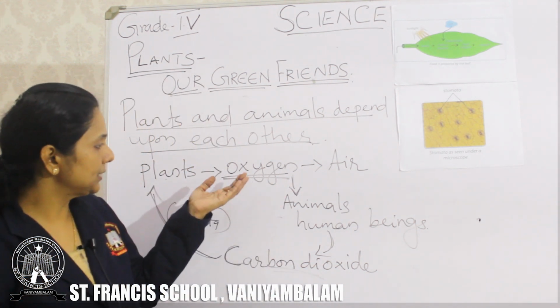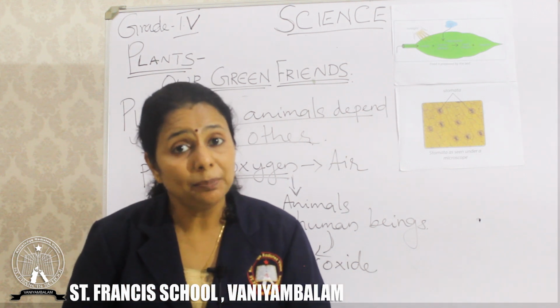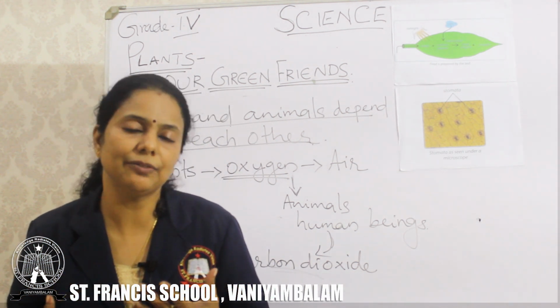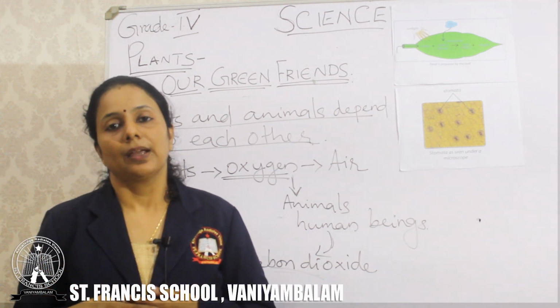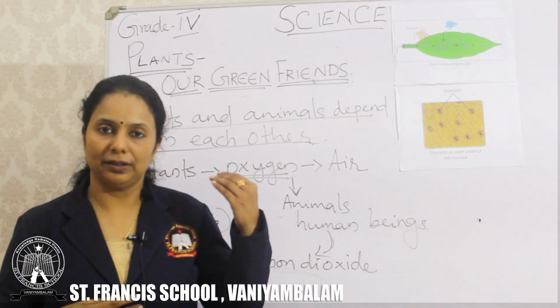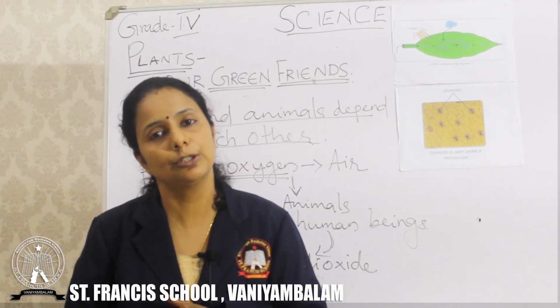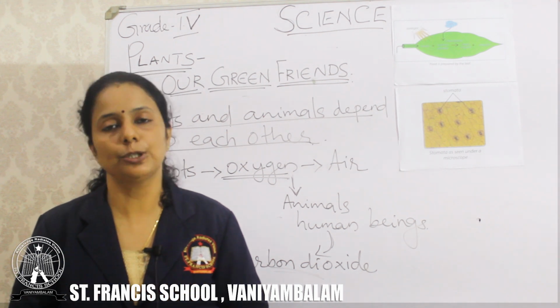Other than food and oxygen, plants give us many things like wood, shelter, medicines, right? Yes, in the first class I told you plants are very useful to us. Plants give us many things which are very useful to us.